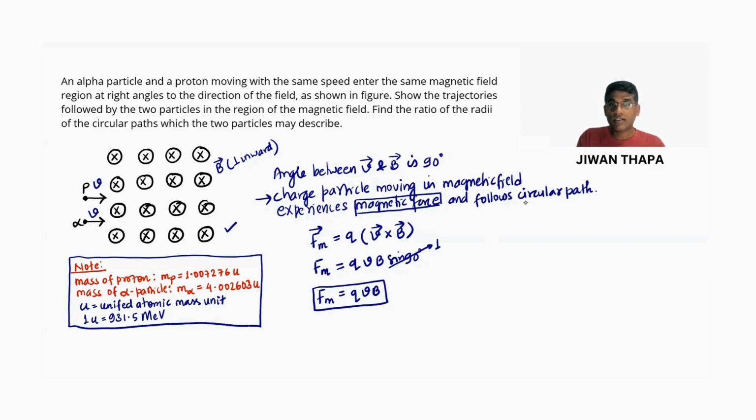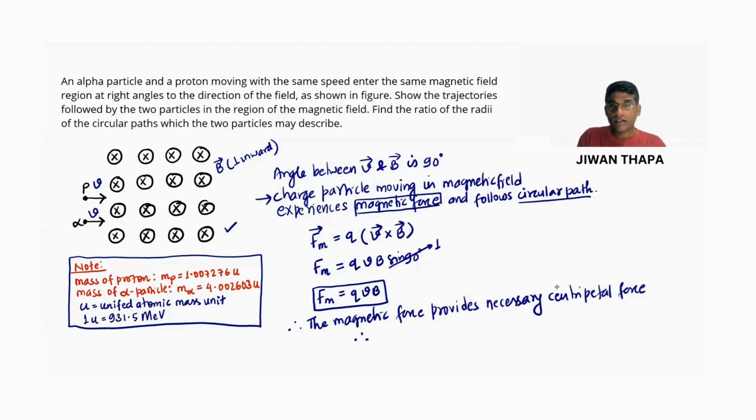Now since the charge describes a circular path in the magnetic field, we can write that the magnetic force provides the necessary centripetal force.